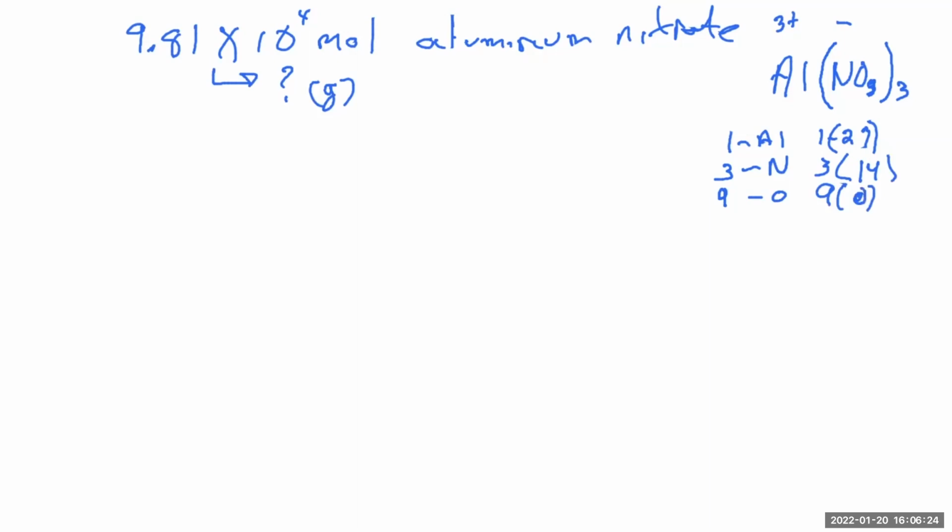So we end up with 1 times 27 is 27. 14 times 3 is 42, right? Yeah, 42. And 9 times 16. Oops, I put oxygen here. This should be 16. 16 times 9 is 144.